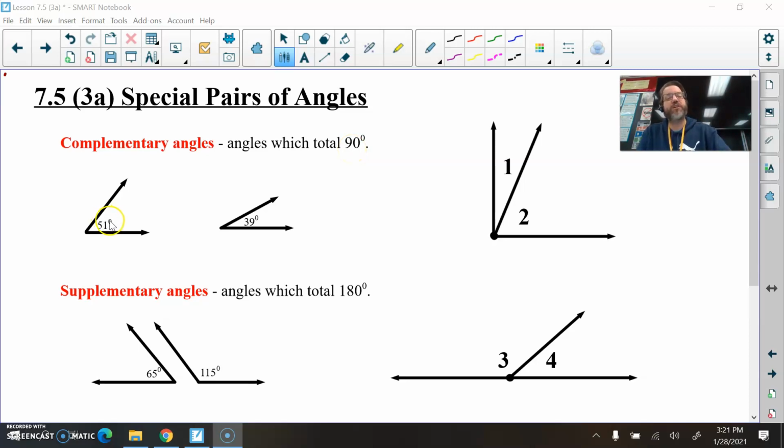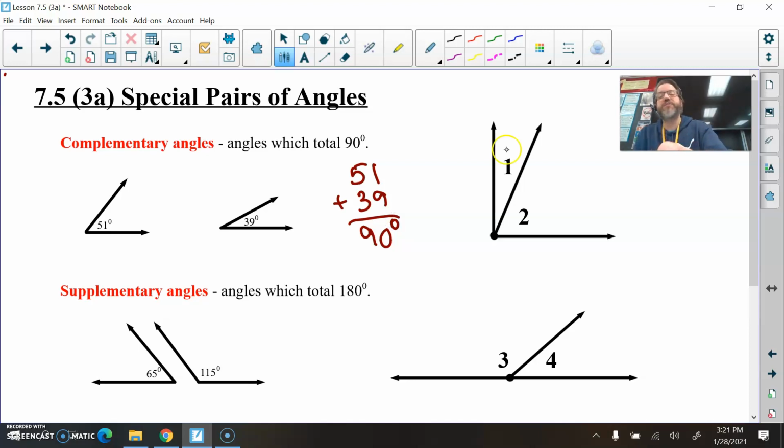So if I have a 51-degree angle and a 39-degree angle, if you add those together, 51 plus 39, you will find that it equals 90 degrees. Normally, you would see complementary angles that combine together to form a right angle.